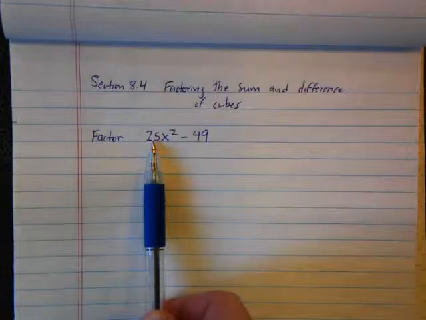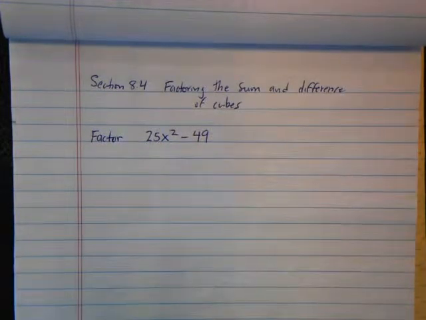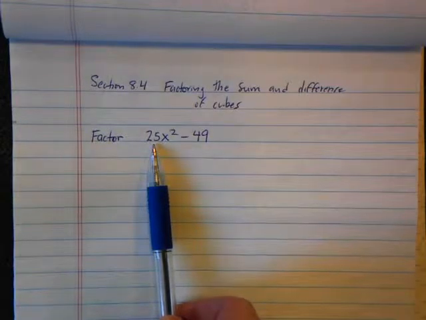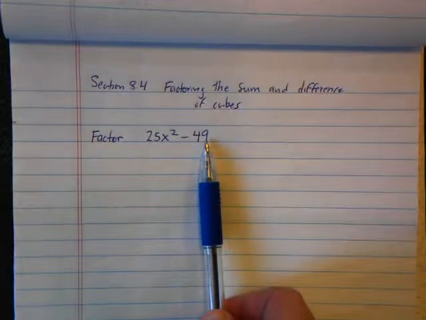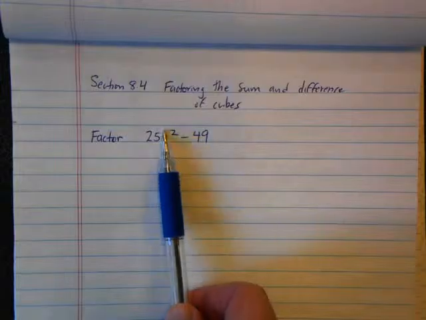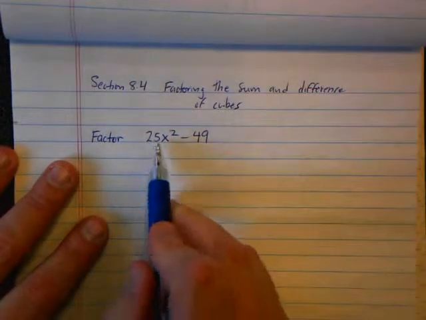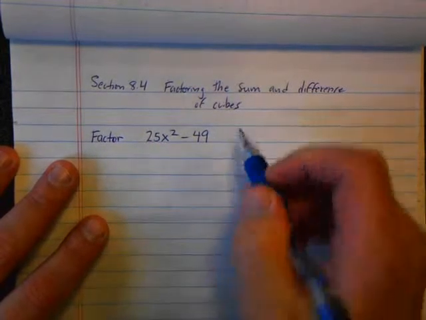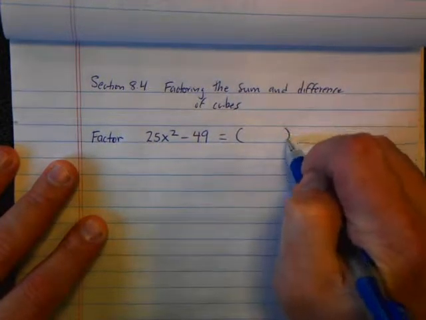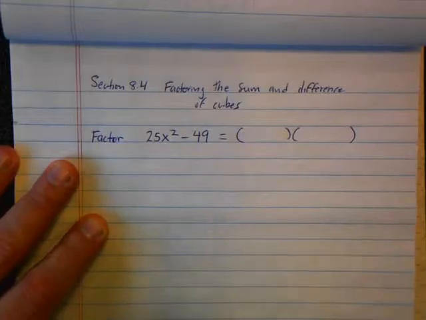What do you notice about the 2 numbers 25 and 49? They're perfect squares. 25 is 5 squared, and 49 is 7 squared. And we have x squared here in the middle. So what should happen? When you have something that's a square minus a square, it factors as 2 binomials.